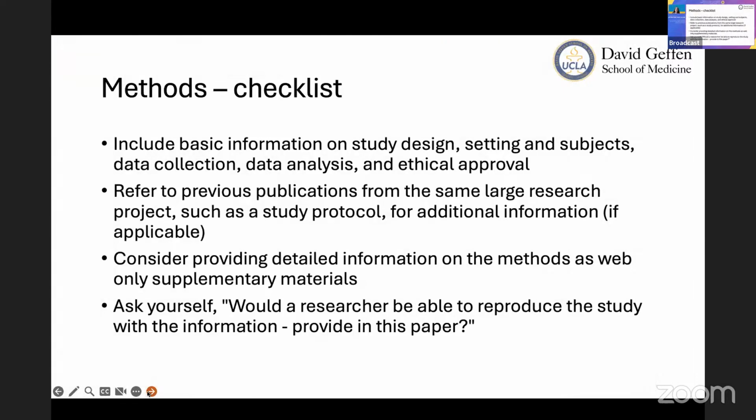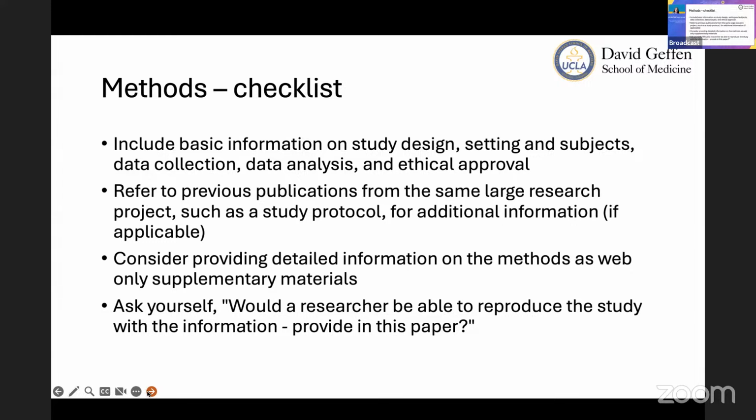So now you know how to report, like the guidelines, based on the different types of studies that you do. The main checklist is to include the basic information on the study design, settings, subjects, data collection, and data analysis. Also, some will require you to explicitly talk about the institutional review board or the ethics board approval, so you'll have to do that.